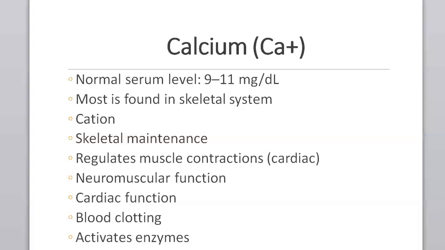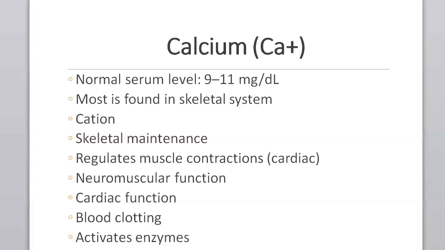So this is why people will begin to develop osteoporosis. We know that milk and milk products are probably the richest sources of calcium, and sometimes people need calcium supplements to help with bone health as well.